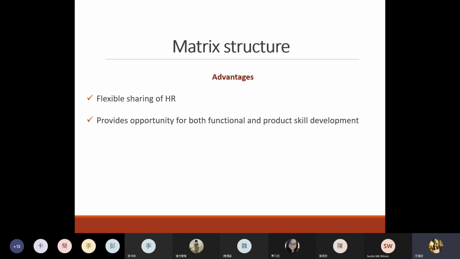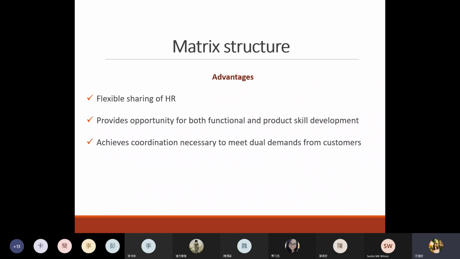So they have the opportunity for product skill development, but also functional skill development, because they still have the chance to work on something that requires or challenges their expertise. That is why this kind of combination is quite good for employee development.